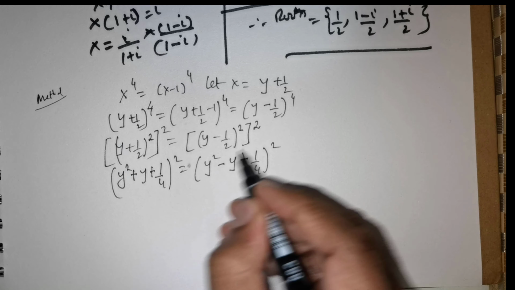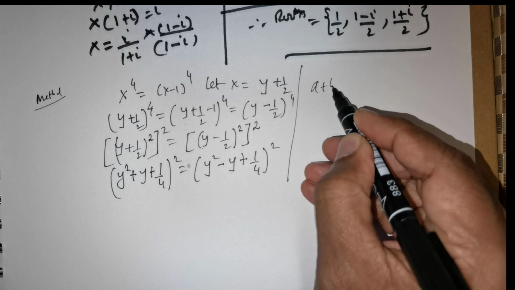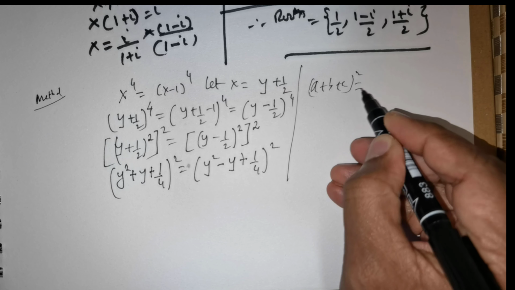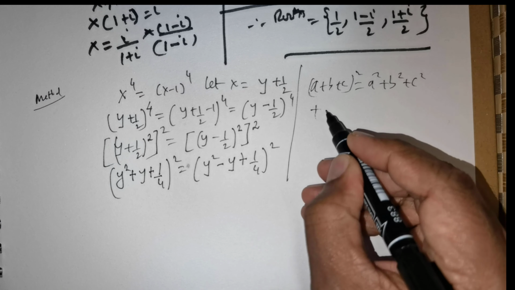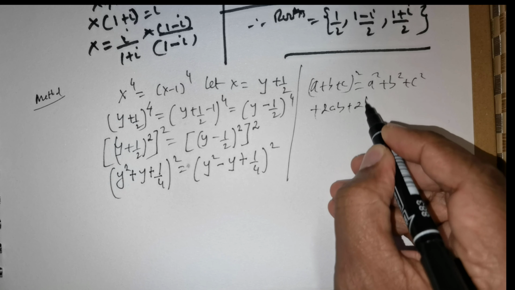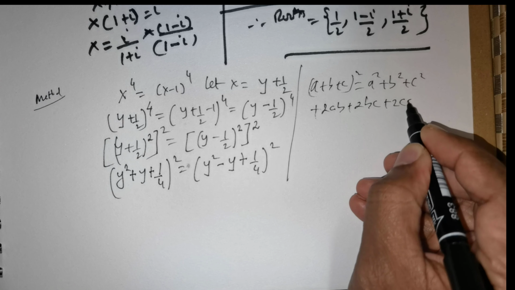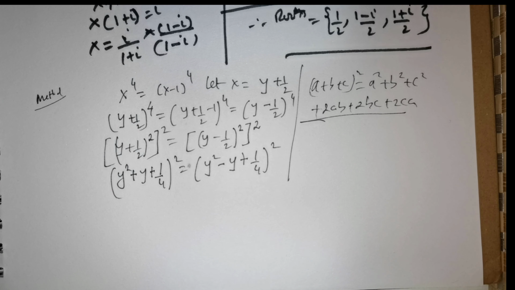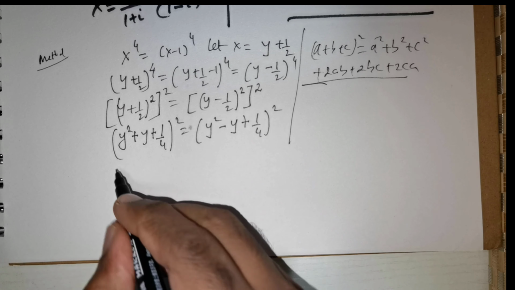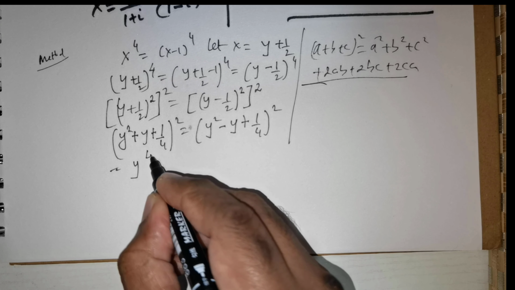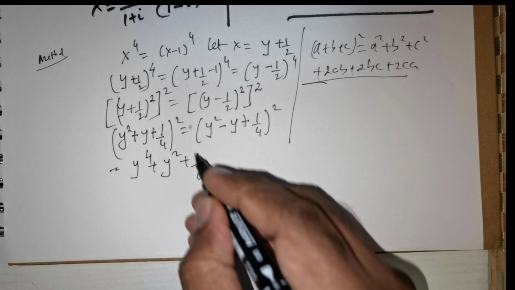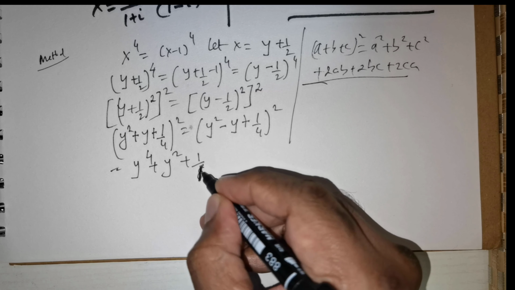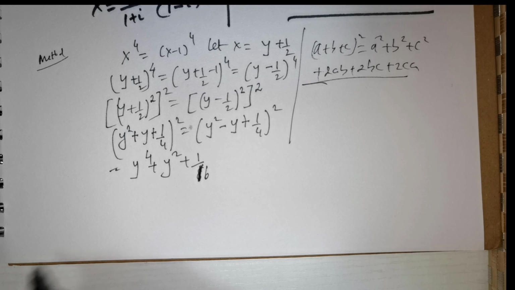Now if I were to expand this, I'm going to use this formula: (a plus b plus c) raised to the power of 2 equals a squared plus b squared plus c squared plus 2ab plus 2bc plus 2ca, right? So if I were to use that formula, this is going to be y raised to the power of 4 plus y squared plus 1 over 4 squared, that's 1 over 16, right?